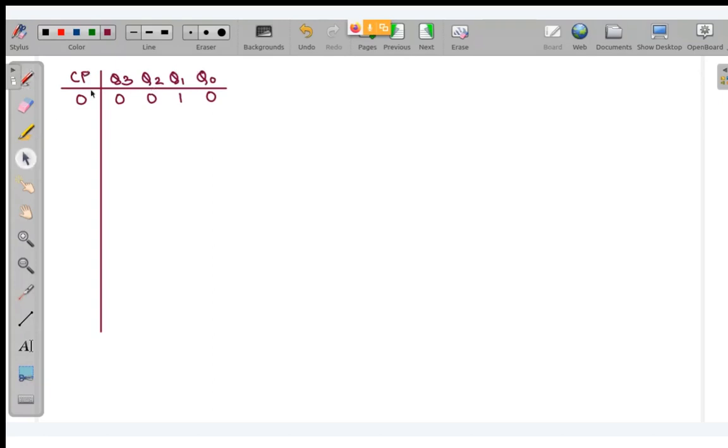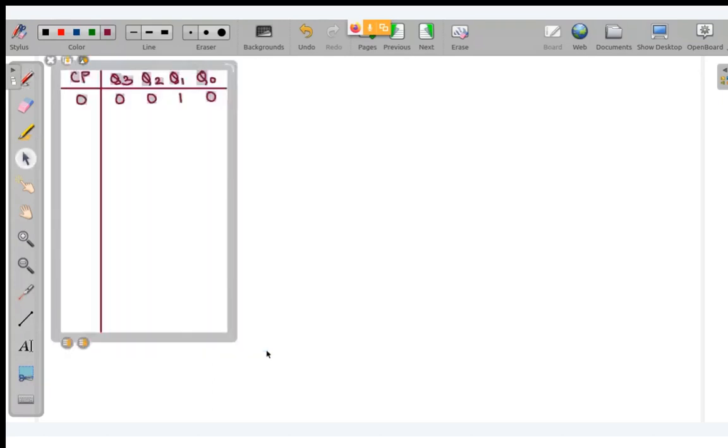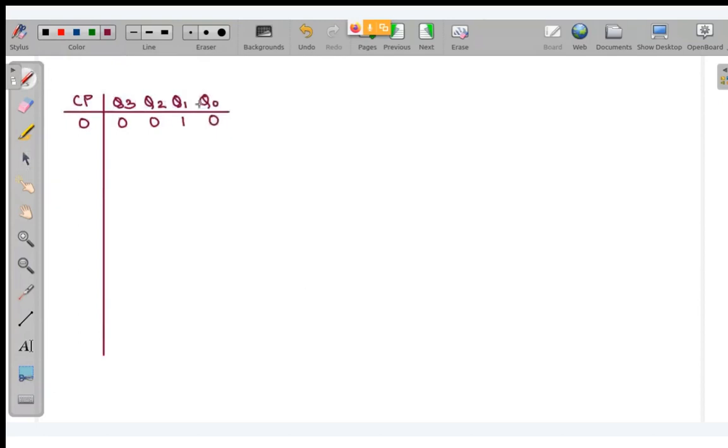Basically, over here, I have told you that this is a twisted ring counter, that means there will be an inverter at Q3. At the first clock pulse, this 0 will become 1, and all the remaining bits shift by one place. So 0, 0, 1. At the second clock pulse, this 1 will become 0, and the remaining bits shift by one place.